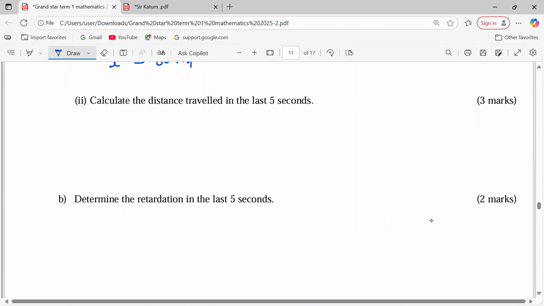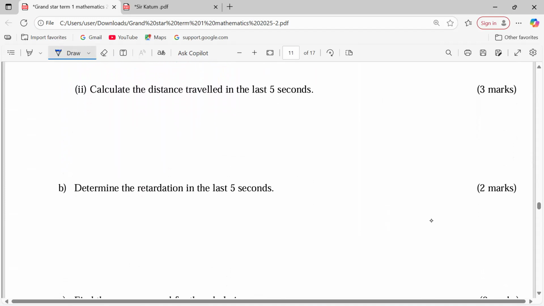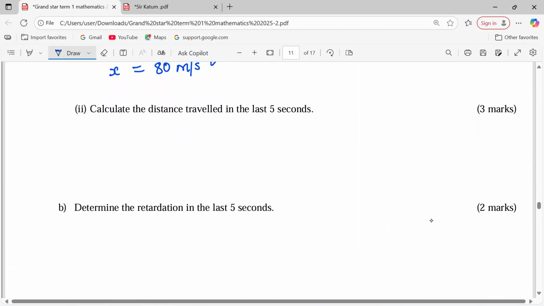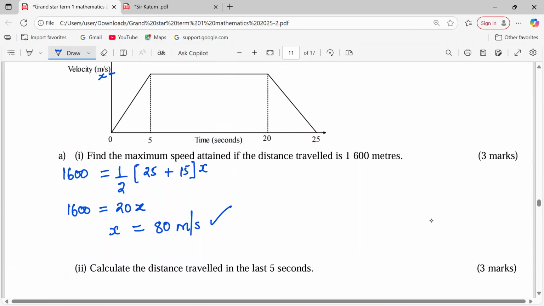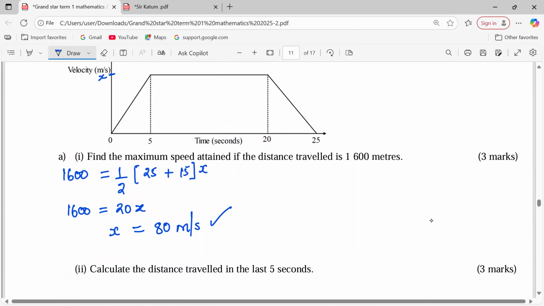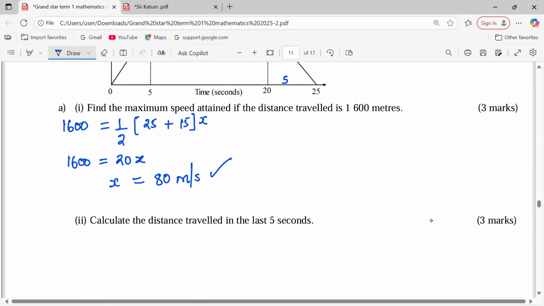Part two of this. The question says that we calculate the distance traveled in the last 5 seconds. Remember, we have 80 as the maximum speed. Then this is the last 5. Therefore, it's the area of a triangle.